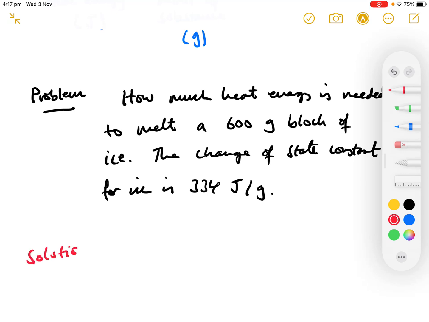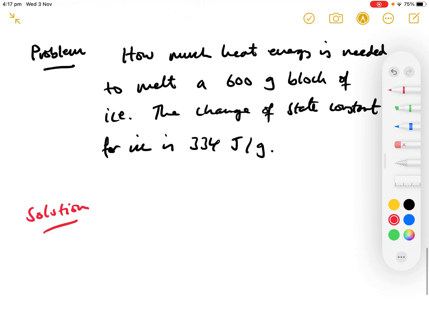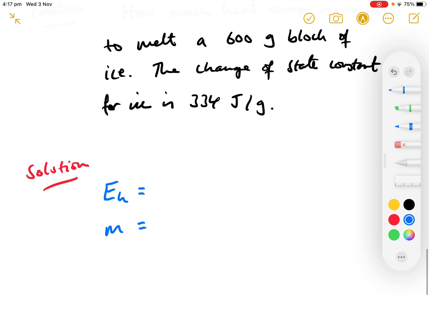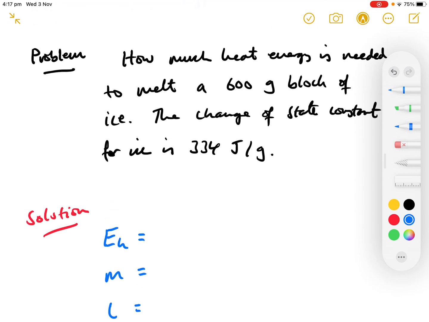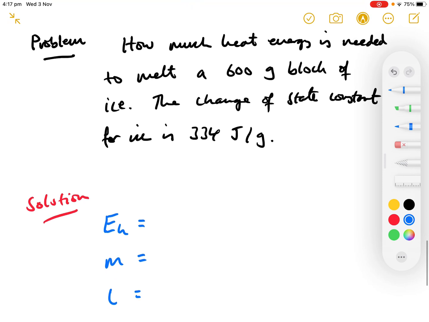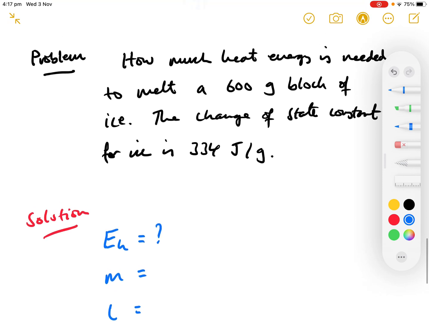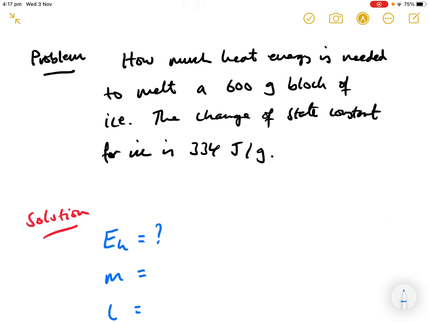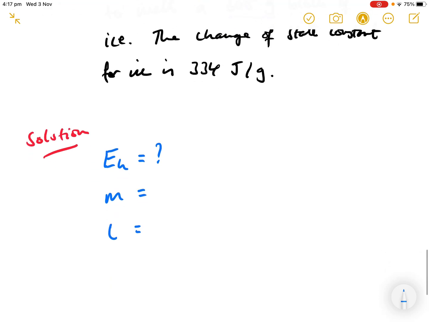So, solution. As always, we list all of the important variables needed for the equation, and they're all given to us in, or at least they're all mentioned in the question. So how much heat is what we're trying to find. The mass of the body is there.